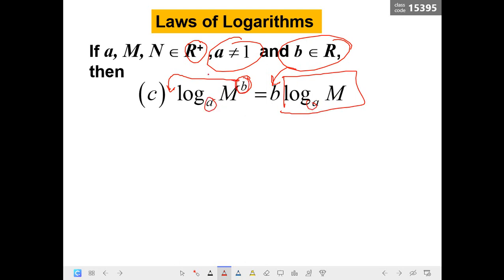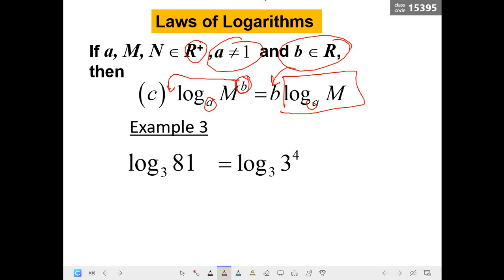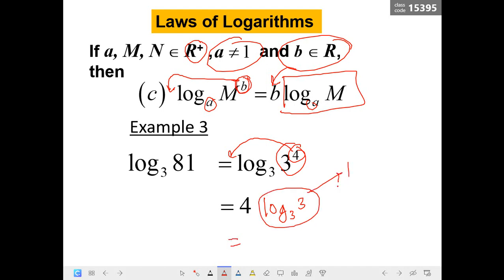Just bring the power to the front. Example: log 81 to the base 3. 81 can be written as 3 to the power 4. Bring 4 to the front, and then you get log 3 to the base 3, which is equal to 1. So the answer is 4.